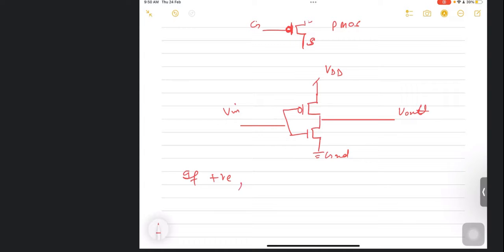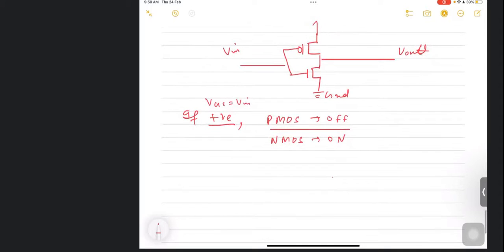Okay, so should the PMOS be on or off? For VGS positive, PMOS should be off and NMOS should be on. So in this circuit, between VDD and output, the PMOS is off and the NMOS is on.